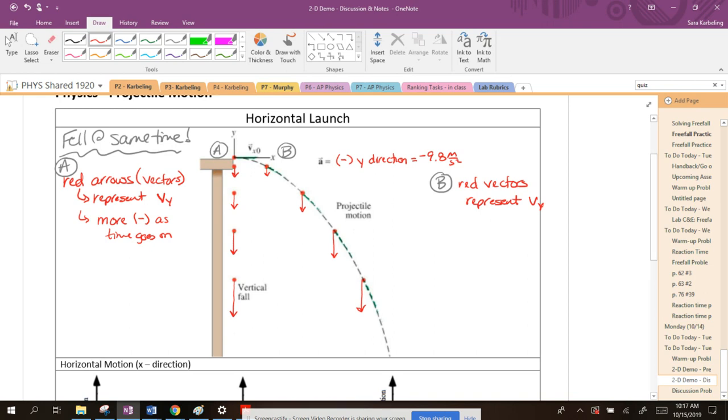And just like ball bearing A, ball bearing B speeds up in the y direction. Okay? It becomes more negative as time goes on. And it does that because there's acceleration in the y direction.